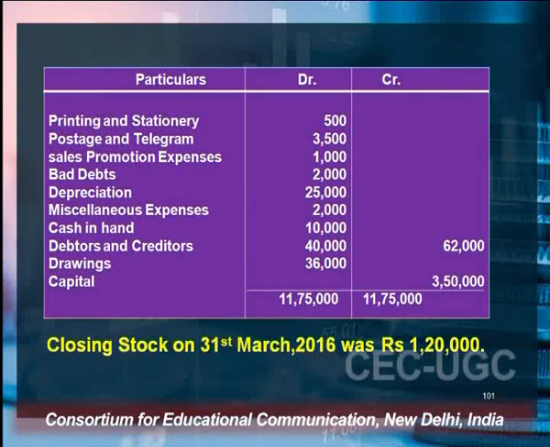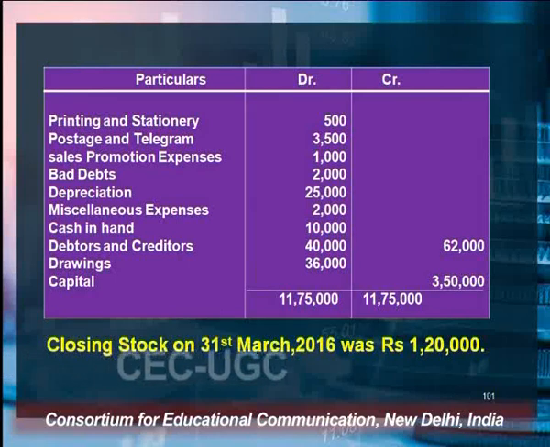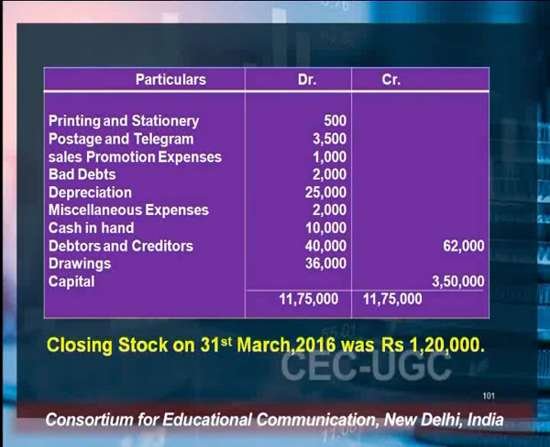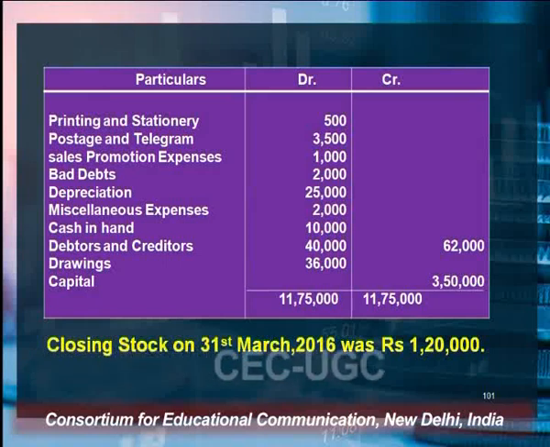But the important thing here is that the items appearing in the trial balance have to be posted only at one place, either in the trading account, or in the profit and loss account, or in the balance sheet.